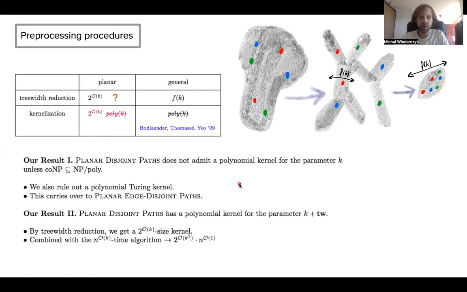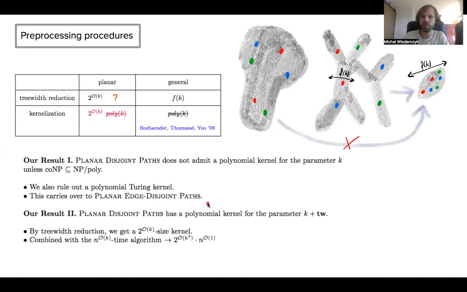Next, we can pipeline this with the known n to O of k algorithm and obtain 2 to O of k squared parameter dependence, matching the state of the art in a simpler way than it was done before.